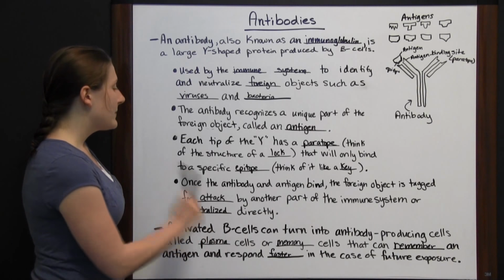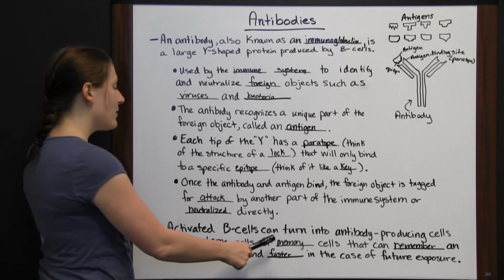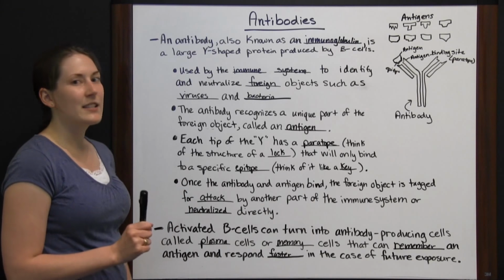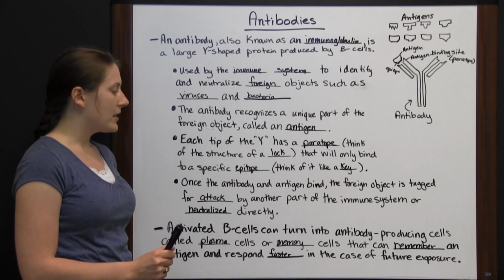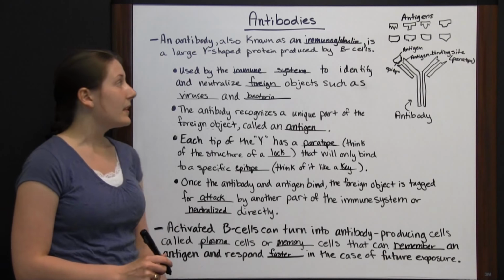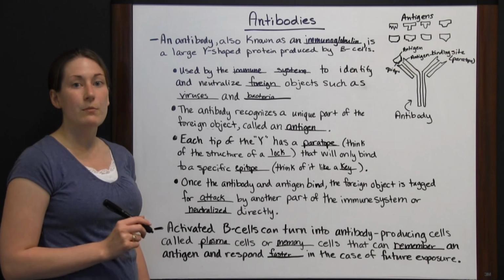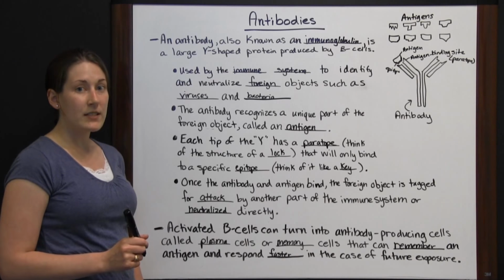And you've got your plasma cells that are going to produce more antibodies for your body, and your memory cells that are going to remember past antigens, past foreign objects that have come into your body, and know how to respond to them faster in the future. So remember, antibodies are also called immunoglobulins, and that will help you remember it's a part of the immune system.